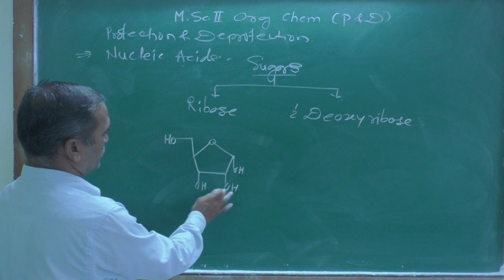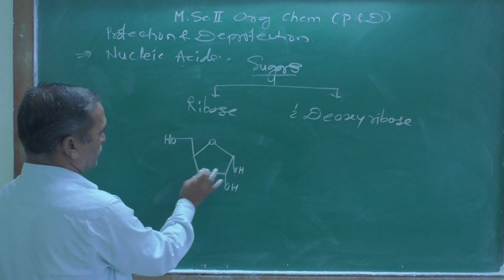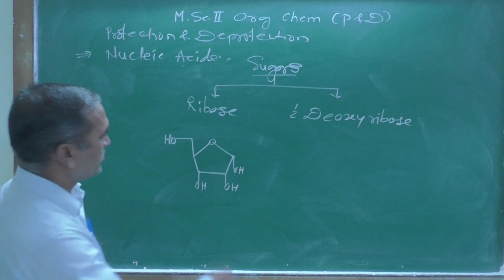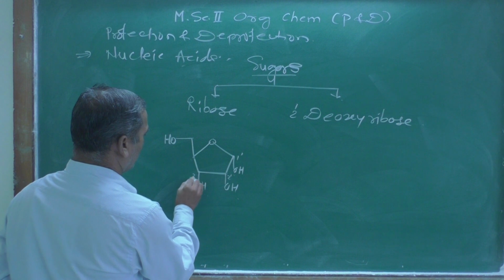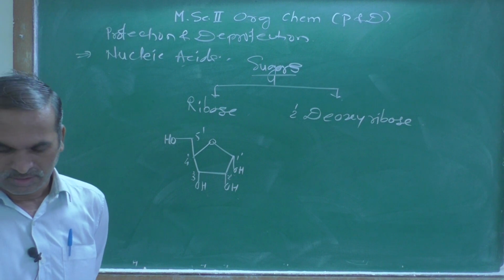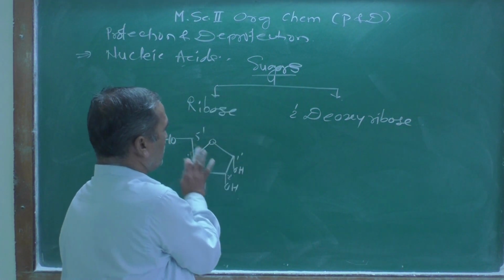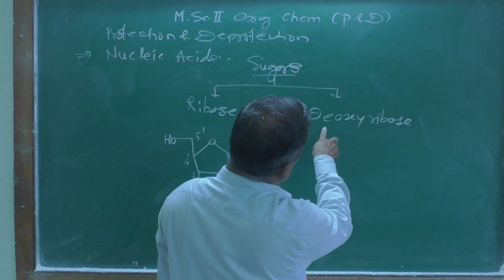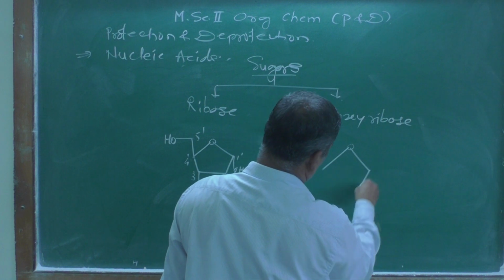This is 1, 2, 3, 4 and 5 carbon atom, and they are designated as 1', 2', 3', 4', and 5'. That is the designation of this sugar unit ribose. This is the structure of ribose. Now in 2' deoxyribose the skeleton is the same over here.